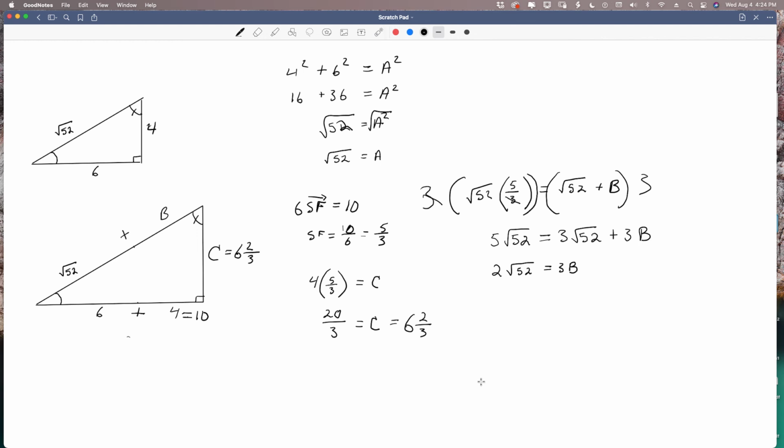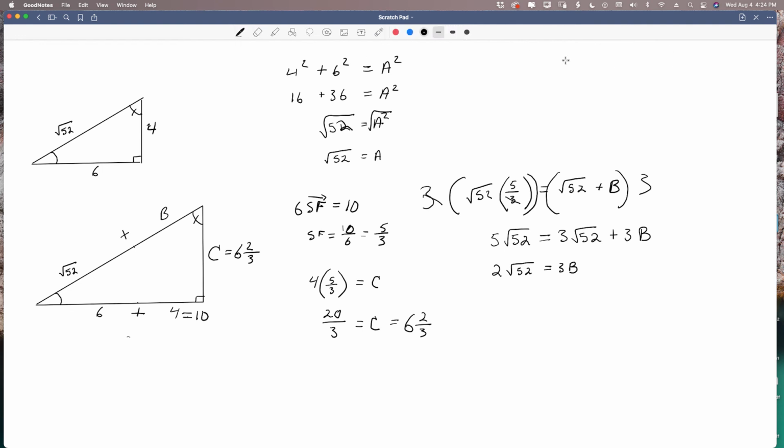So let's look at our factor tree for 52. All right, 52 is equal to 2 times 26, and 26 is 2 times 13. That's as far as we can go. So we can pull a pair of 2's out. So, all right, let me write this in a way that's much more accurate.